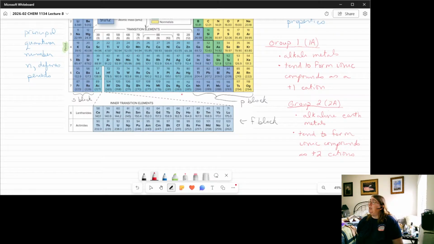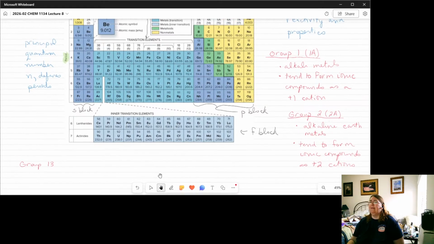I'm going to skip the transition metals right now. They are more complicated. Now we're going to move over to the P block. So group 13. Group 13 is a little bit weird. It doesn't have a special name that I know of. It's generally weird in terms of its reactivity.